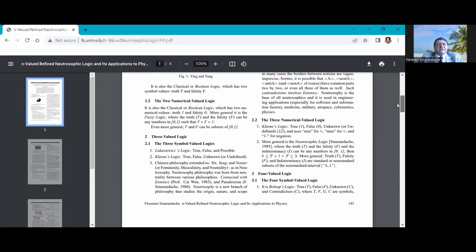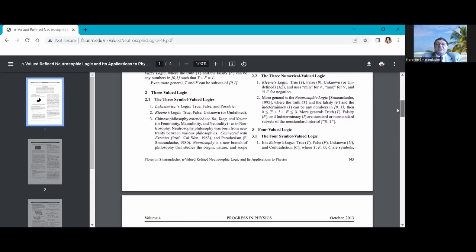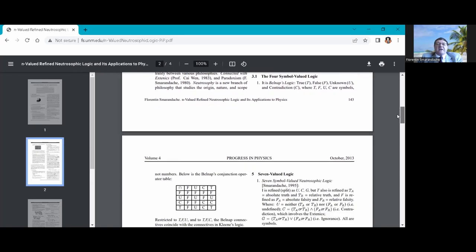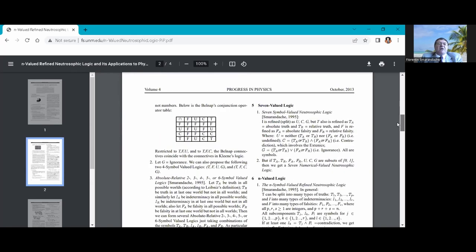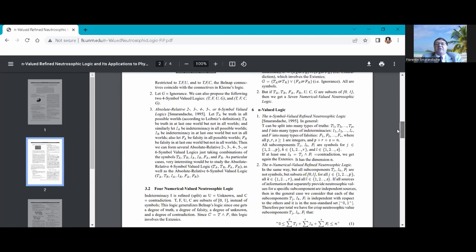Yin-Yang philosophy, but we extended Yin and Yang with neutral, meaning in between them. And then Klein's logic, truth, false, and unknown, and even further Belnap logic, which has truth, false, unknown, and contradiction. So four of them.